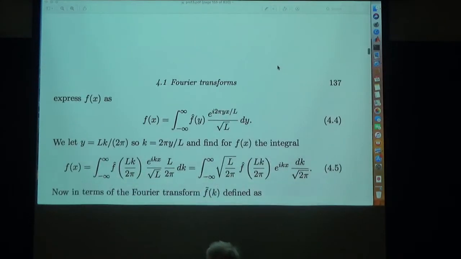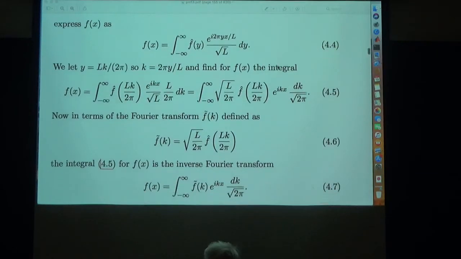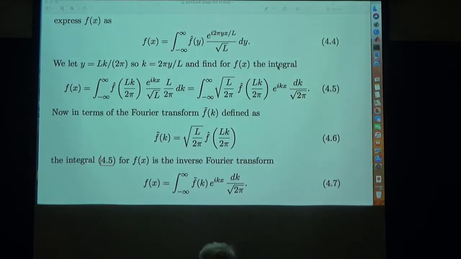By the way, this greatest integer is a standard function. It's just one that's not talked about much in physics classes. So now we've got the function written as a Fourier transform. We're essentially done, and all we need to do is make a couple of changes of variables so that this doesn't look so clumsy.